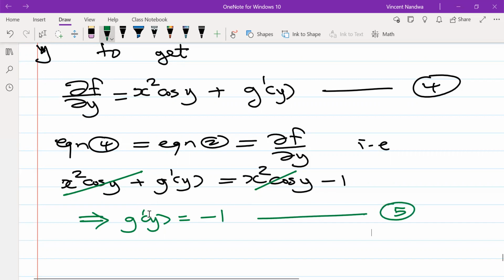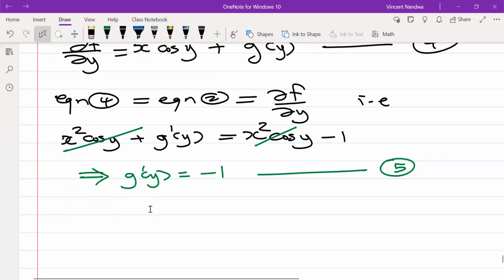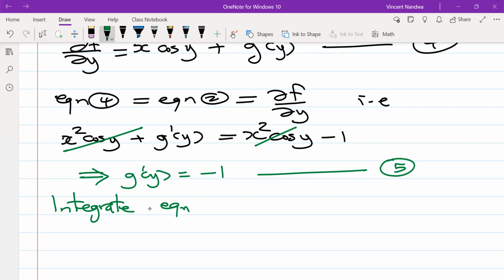To get g of y, we integrate equation 5 with respect to y.